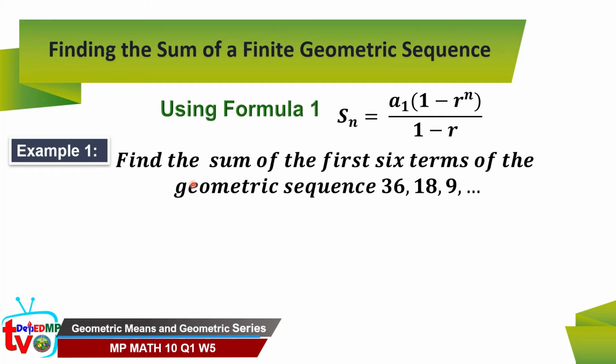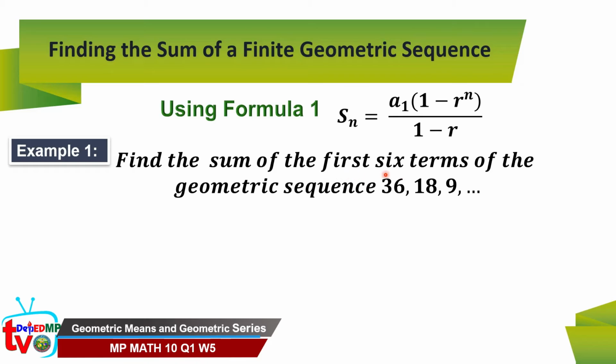In example 1, we are going to find the sum of the first 6 terms of the geometric sequence 36, 18, 9, and so on. Before we solve this problem, let us recall that a finite sequence has a finite number of terms, meaning it has a last term.